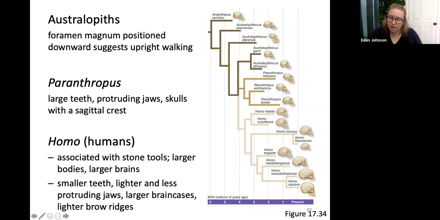So if you look at this, the genus Homo, okay, we have a ton of fossil evidence for all of these different species of the Homo genus. Anywhere from present day to several 100,000 years ago.